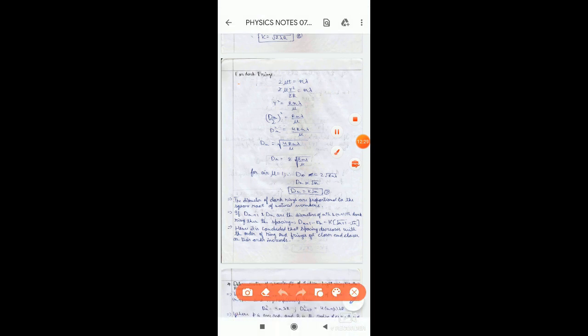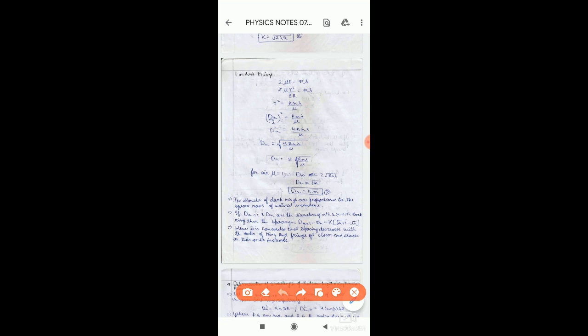Similarly, for dark fringe, we have the condition 2 mu t equals n lambda. Put the value of t, and we get the desired result: r square equals R n lambda upon mu. So now put the value of radius rn equals Dn by 2.